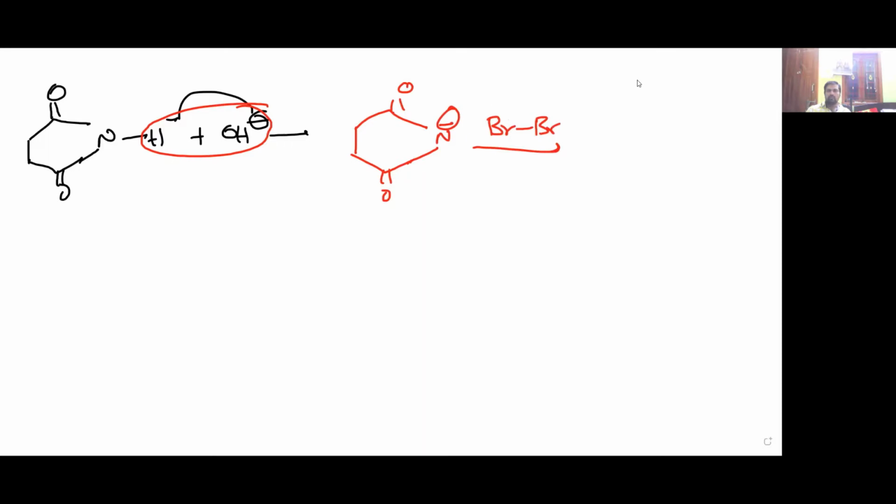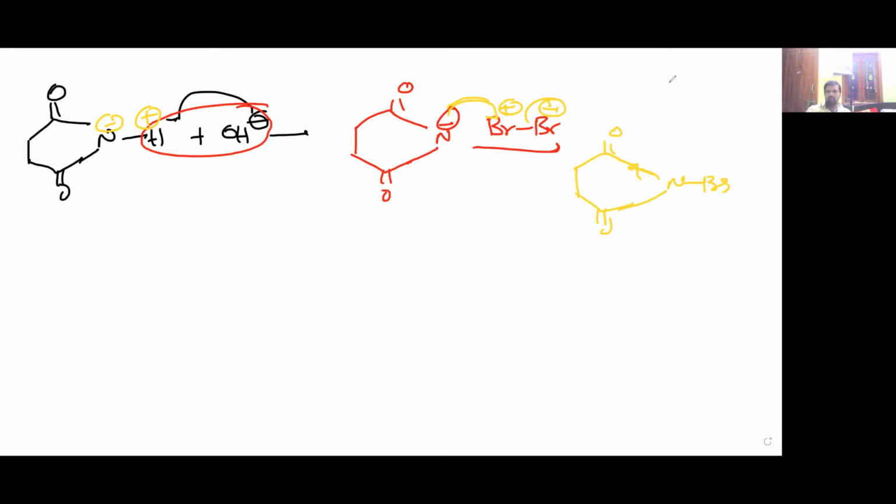Br minus is leaving. Then you are going to get N-Br. Remember, this is the first acid-base reaction. Then with Br2, this is Br plus and this is Br minus. The negative charge attacks, and this N-bromo amide is an N-substituted amide.